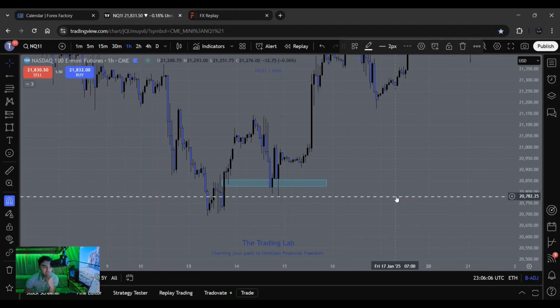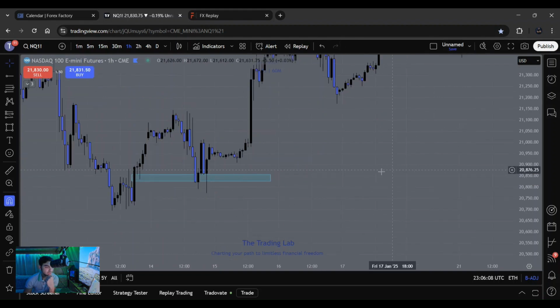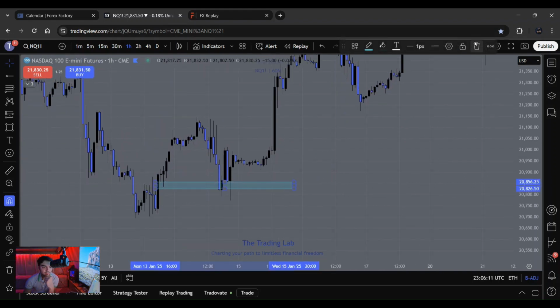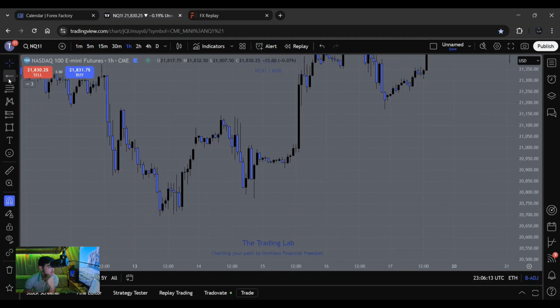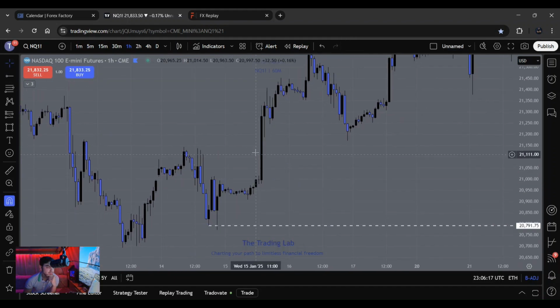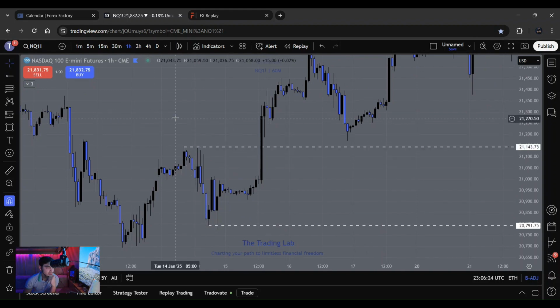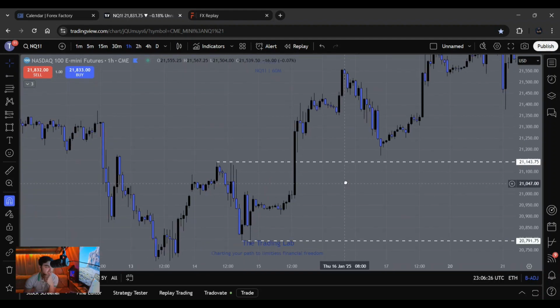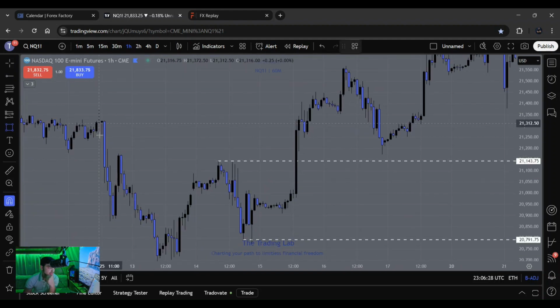We have a liquidity sweep in here as well. What do we see? We see price come down, we sweep out these lows, and then what? We come for these highs, these relative equal highs. What else do we see? We also see this fair value gap.